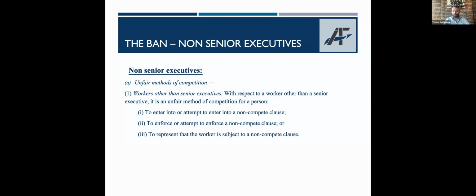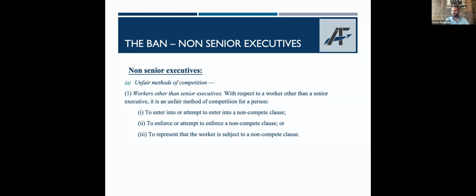And what does it prohibit? So as of the effective date, which right now is September 4th, it is going to be an unfair method of competition for any person to, one, enter into or attempt to enter into a non-compete, enforce or attempt to enforce a non-compete, or even represent that a worker or former worker is subject to a non-compete, right?